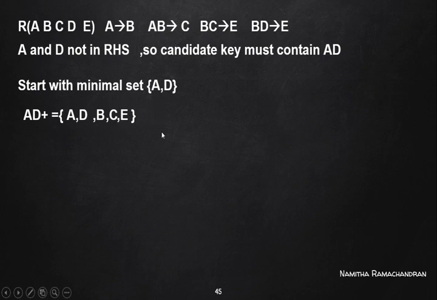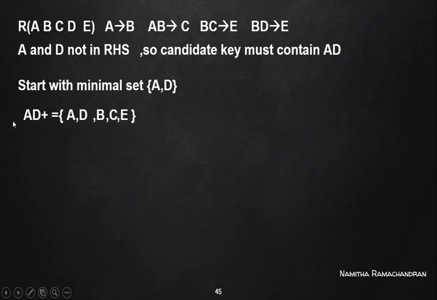No need to continue further. AD itself forms the candidate key. By removing any one attribute from this, that means by removing A, D alone can't identify all these attributes. Similarly, while removing this D attribute from this set, A alone can't identify all the attribute values of this given relation.